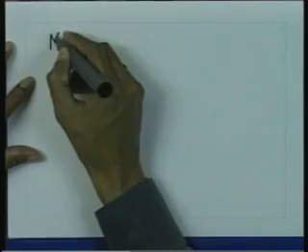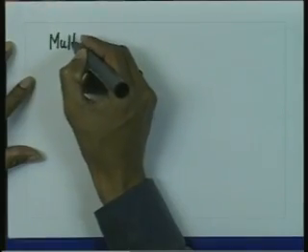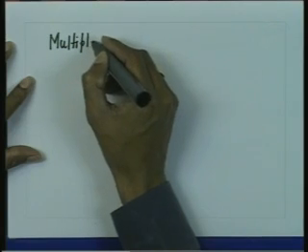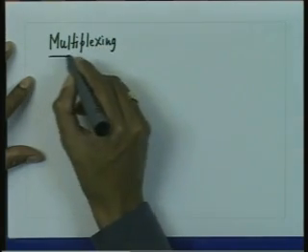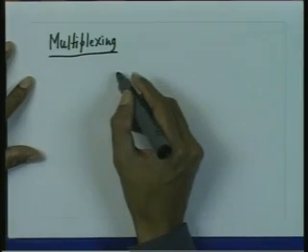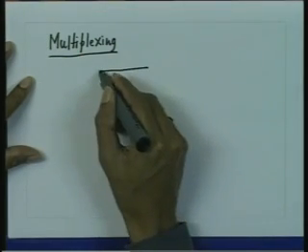Okay, so let us start with first the effect of multiplexing: multiplexing of several rho sigma traffics.